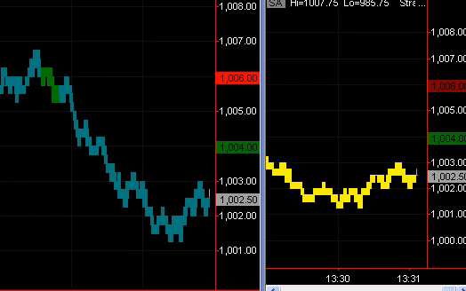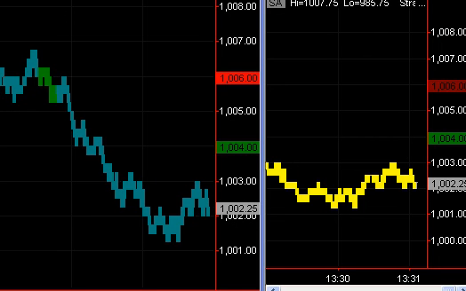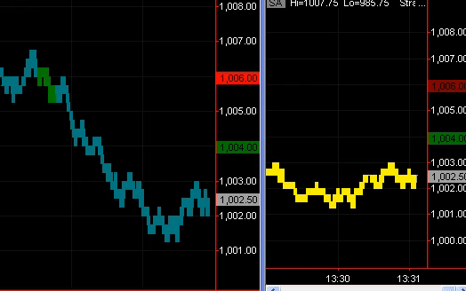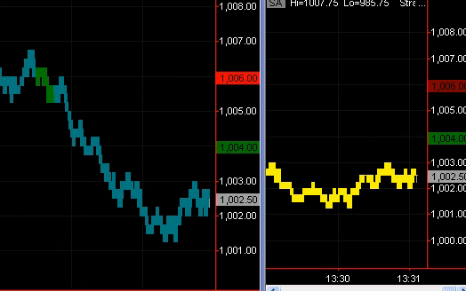Although we are getting an indication of a little bit of strength coming back in from the tick. But the market is short.